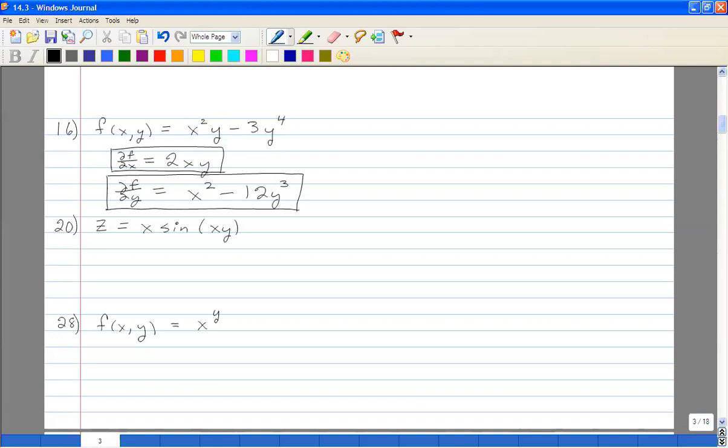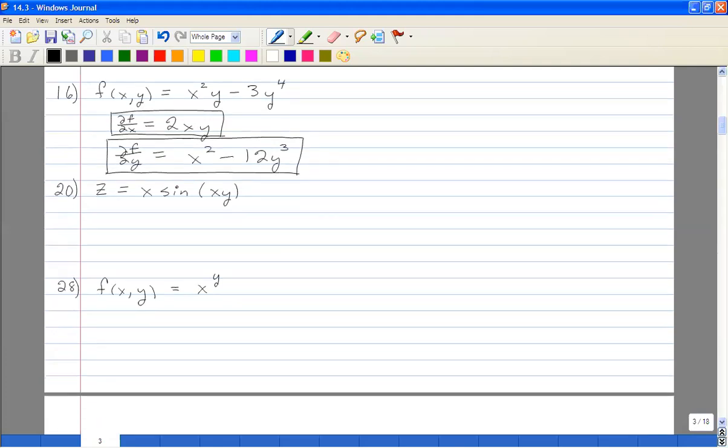Okay, let's do problem number 20. Suppose z is equal to x sine xy. Let's take the partial with respect to x. So let's use the product rule: derivative of the first times the second plus the first times the derivative of the second.